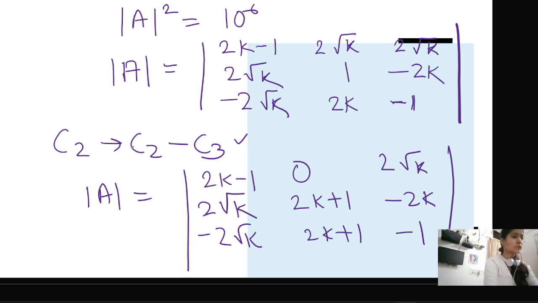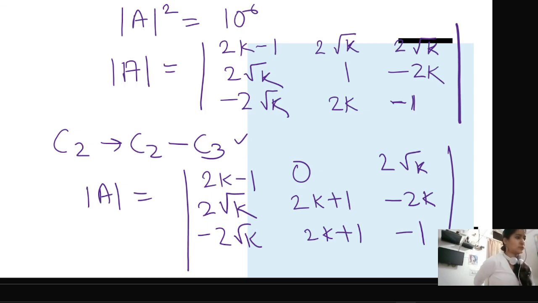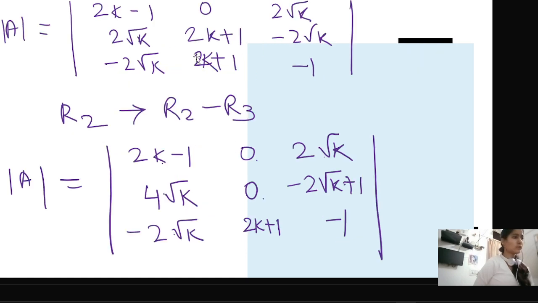Let me check. So column 2, column 3 subtracted from column 2. So 0, 2k plus 1, 2k plus 1. Okay, it will remain as it is. Okay, move to the next part, row 1.